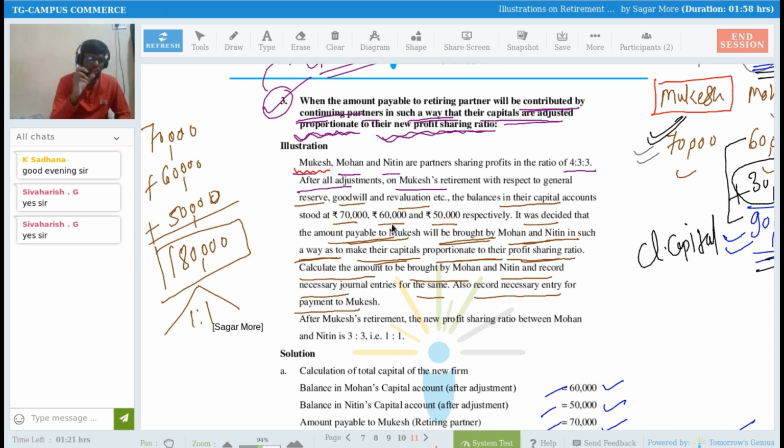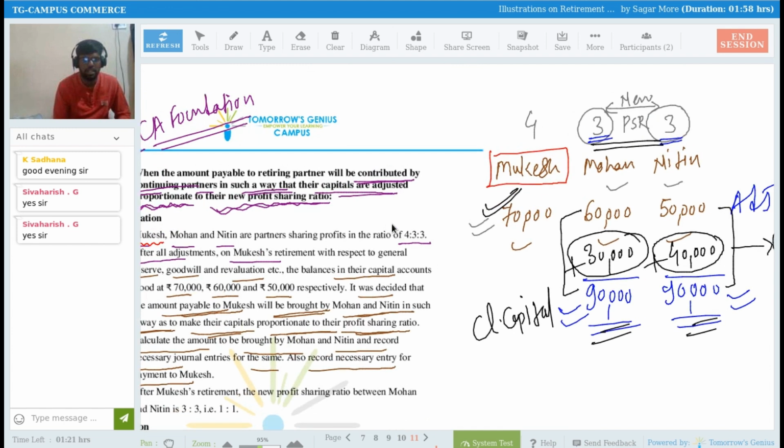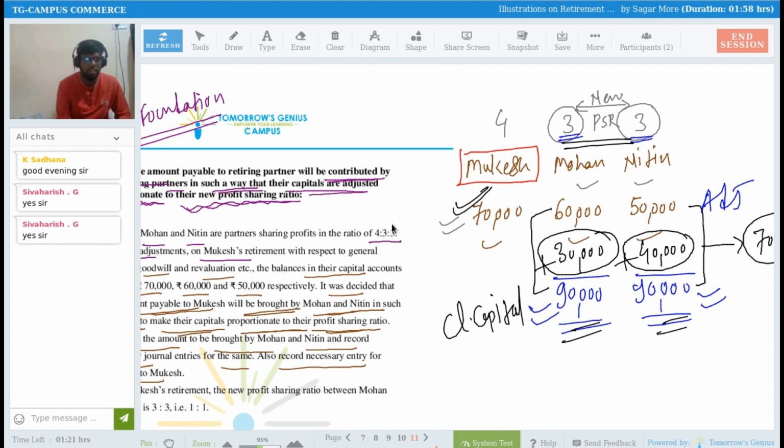So in 1:1, I distribute as per the new profit sharing ratio, so the answer is 90,000 and 90,000. This will be their closing capital, and whatever difference is there is the amount brought in by them into the business, which I write down as cash or bank account. Mohan needs to contribute 30,000 rupees and Nitin needs to contribute 40,000 rupees, and then only we can make the payment to Mukesh of 70,000 rupees.